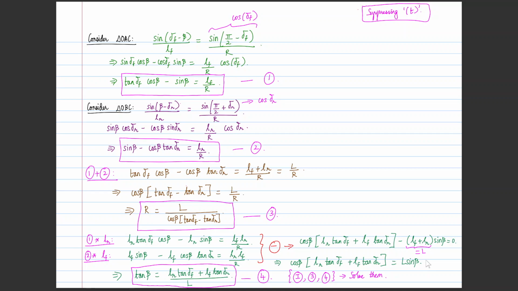Okay, and if we just rewrite this, tan beta is LR into tan delta F plus LF into tan delta R, divided by L. So we can find our side slip angle beta also in terms of the vehicle's parameters.